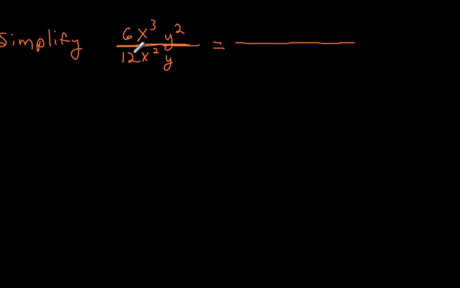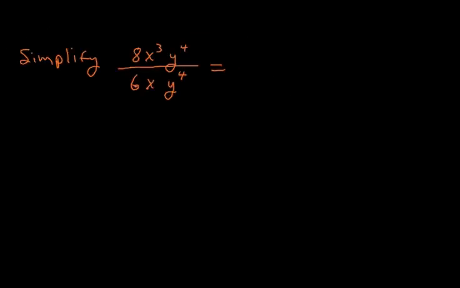We know that 6 and 12 can both be divided by 6, so that reduces to 1/2. My x to the third over x squared, these two cancel with 2 of those, leaving an x on top. 3 minus 2 is 1. And this y cancels with 1 of those, leaving a y on top. So I get 1xy, or just xy, over 2.